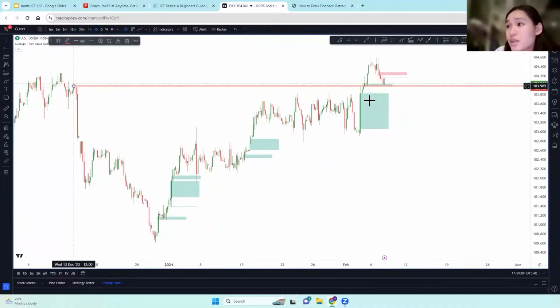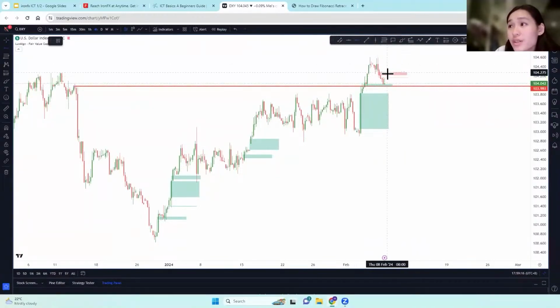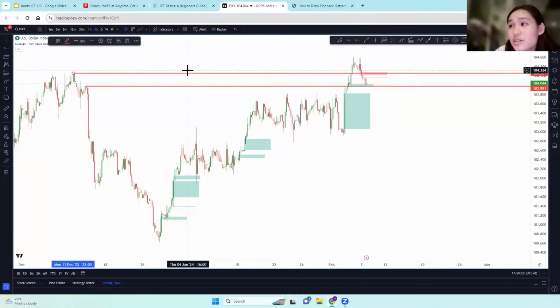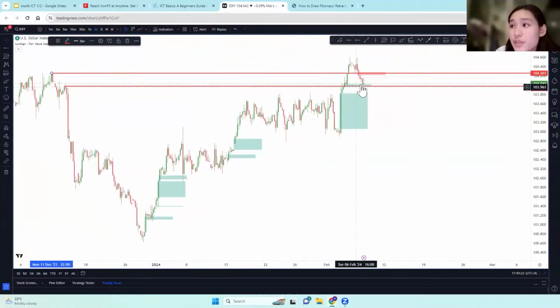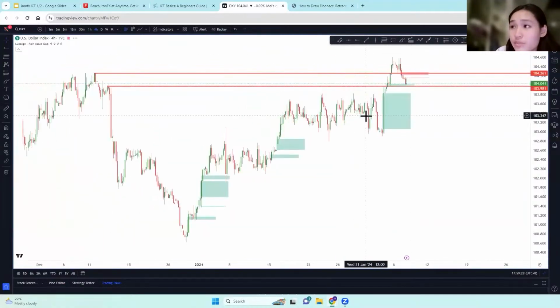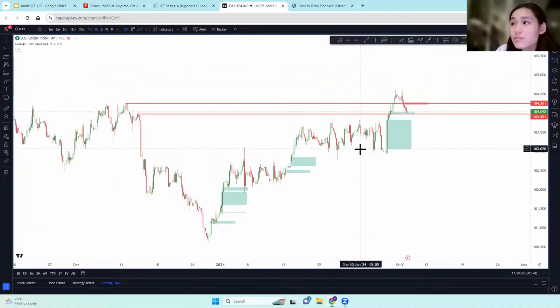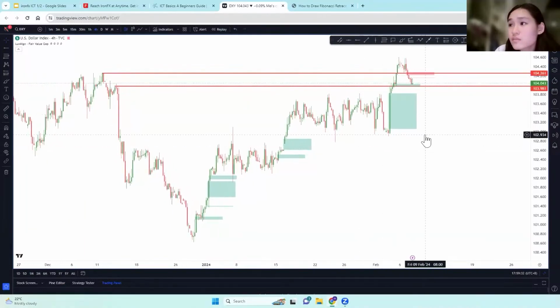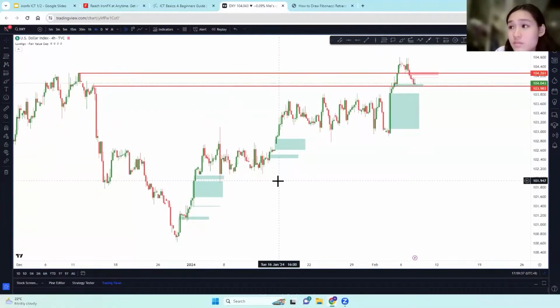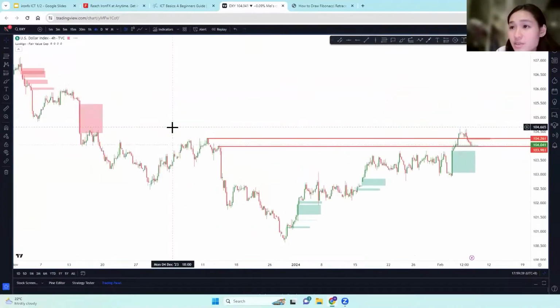We have this green highlighted area, which is in line with this swing high. This fair value gap is in line with this resistance area as well, so we're expecting price to continue to rebound off of this area and drop below it. So that's for resistance levels.